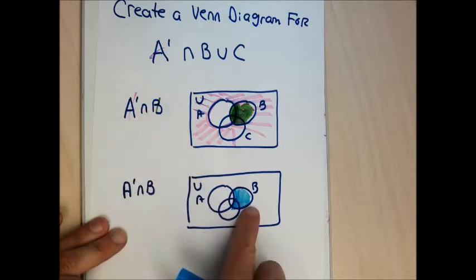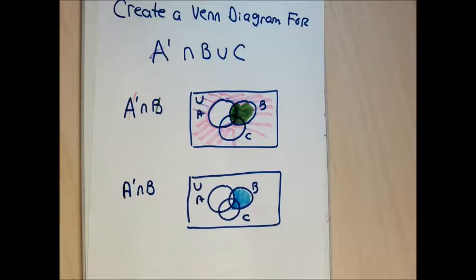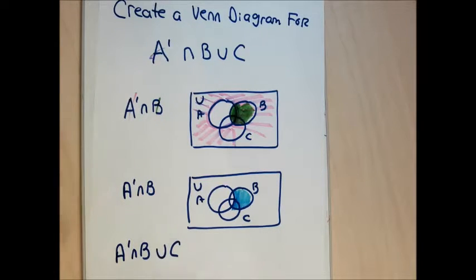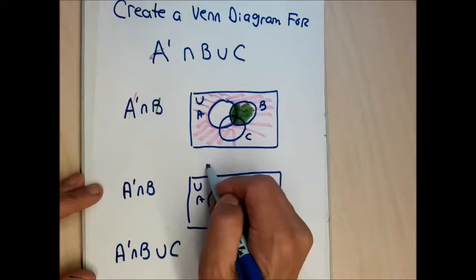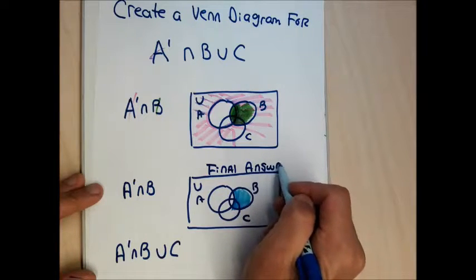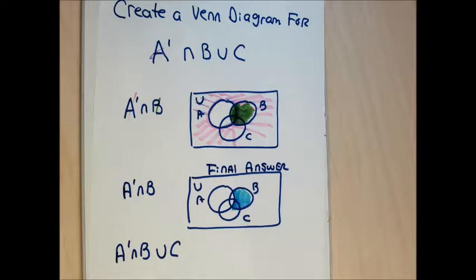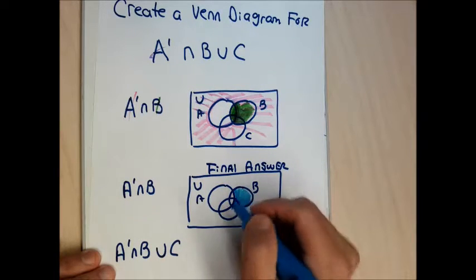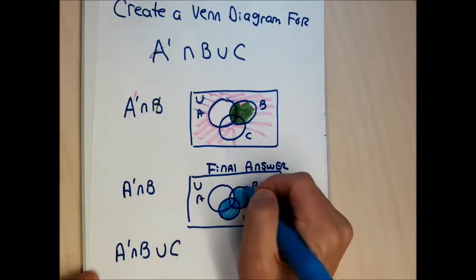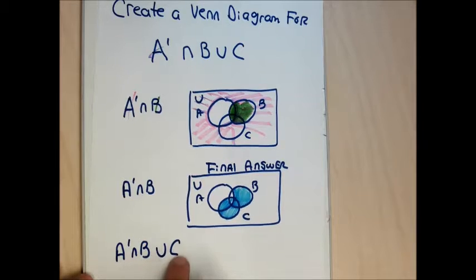So this is a representation of A complement intersection B. For my answer, I need to find A complement intersection B, which I have pictured there, and I need to union that with C. Because I'm doing a union, I won't need to create a new graph. I should be able to add that union to the graph that I created for A complement intersection B. And to union this with C, I'm just going to shade in the entire C region, and that would be the perfect answer for A complement intersection B union C.